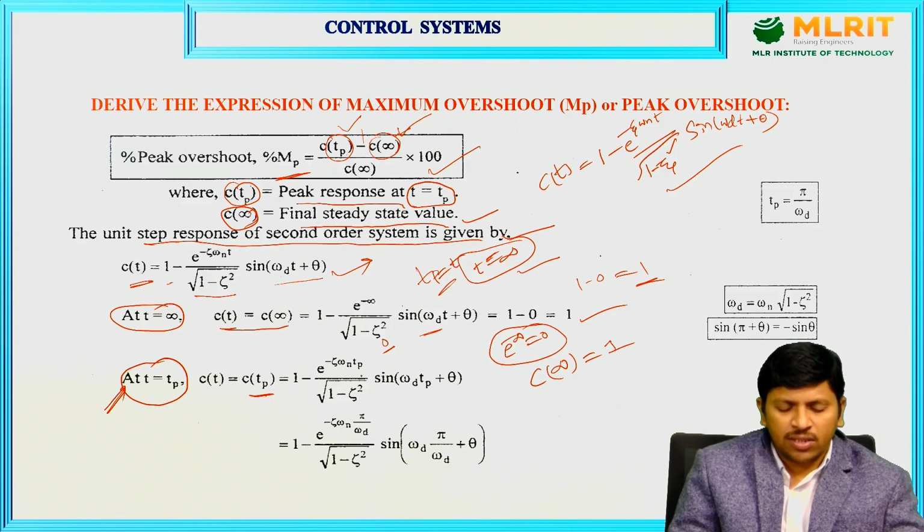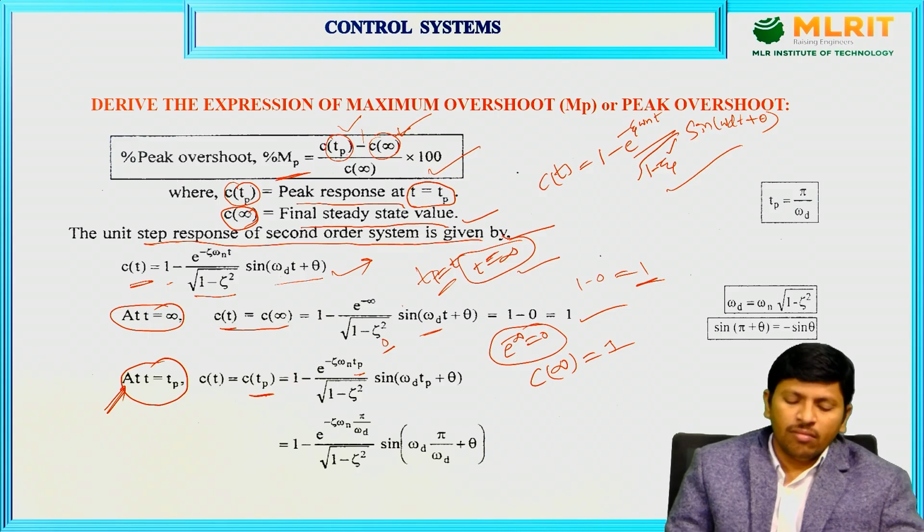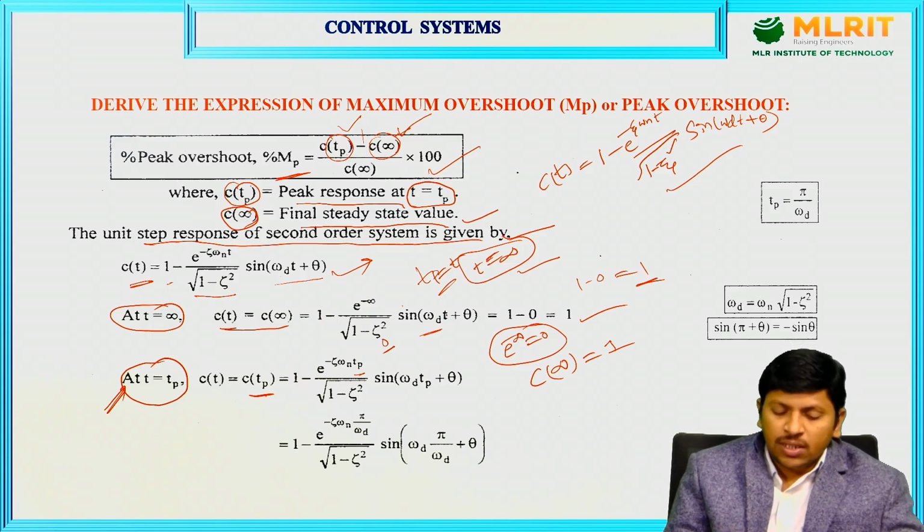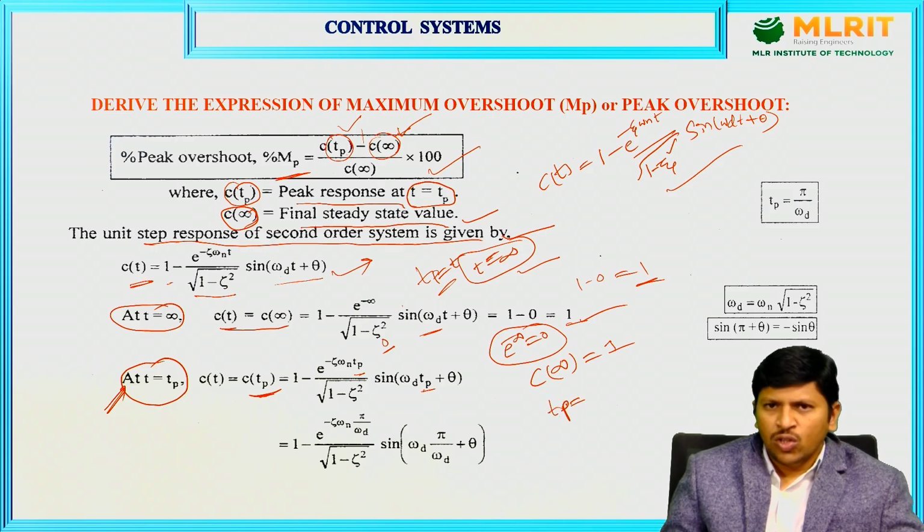In place of t, just substitute tp, and write 1 minus this term and sine of this term. Already we know that tp is the peak time, and peak time is nothing but pi by omega d. Our formula is pi by omega d.